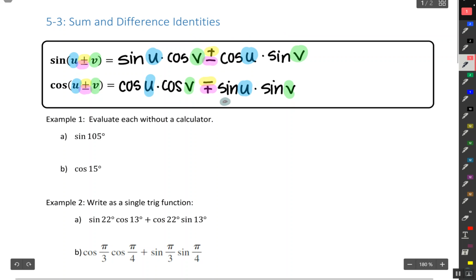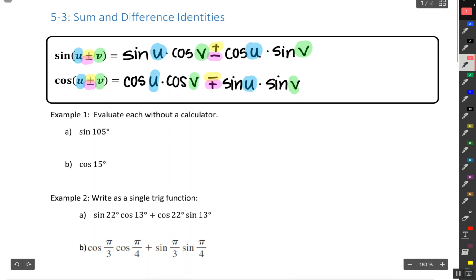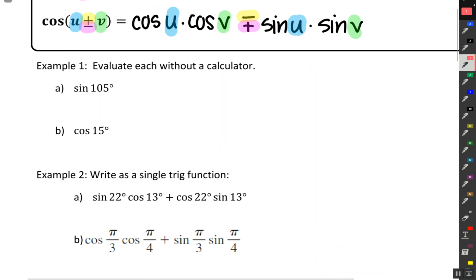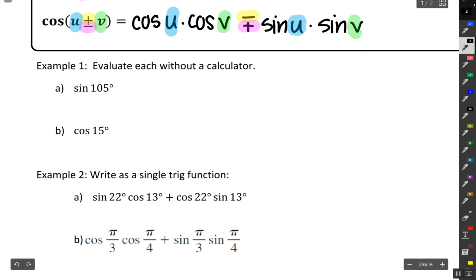Let's actually practice using it. Evaluate each without a calculator. We have the sine of 105 degrees. If we can't use a calculator, we can use a unit circle, but 105 degrees is not on the unit circle. But 60 and 45 are, and 60 plus 45 is equal to 105.